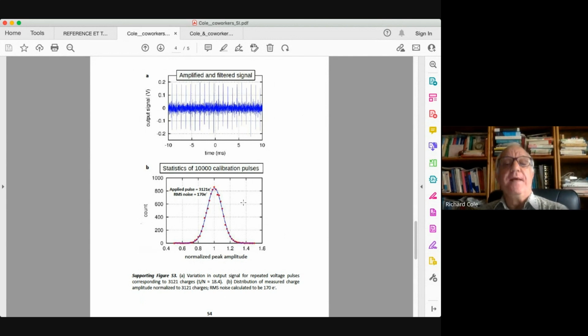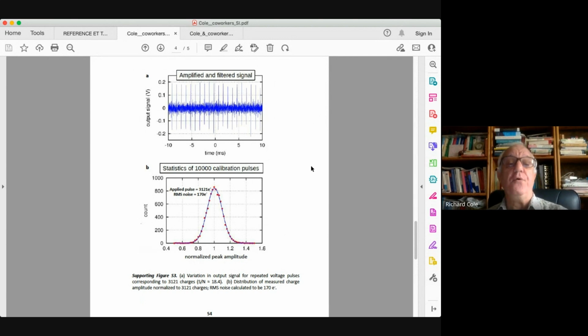So from this measurement, we've been able to assign a root mean square noise value of about 170 electrons to our system.